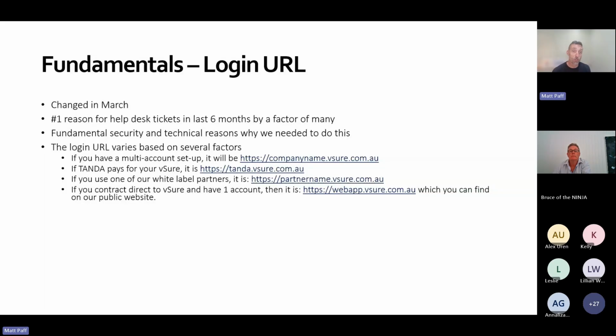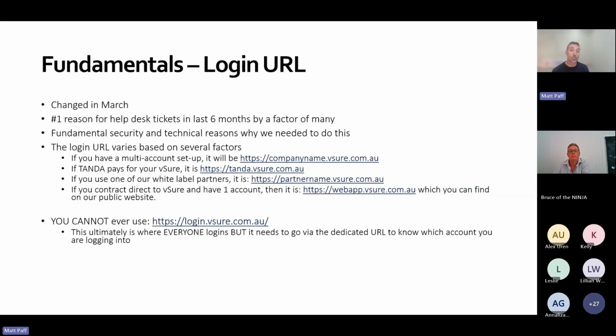You can't get into vSure via just Googling vSure. You also can't get into vSure by going to the URL that pops up in your bar. If you go to login.vsure.com.au because it's saved in your address bar, it will never work because it doesn't know what URL you've come from, right? So you need to come from your dedicated URL for the system to know which organization you're logging into.